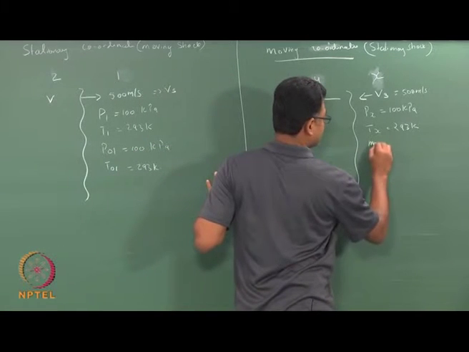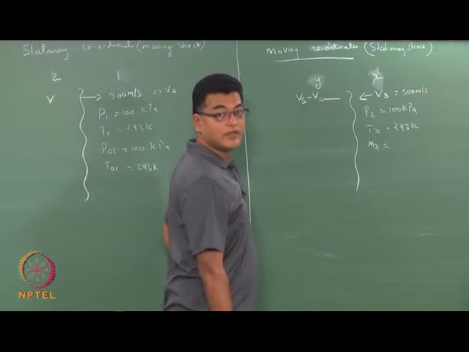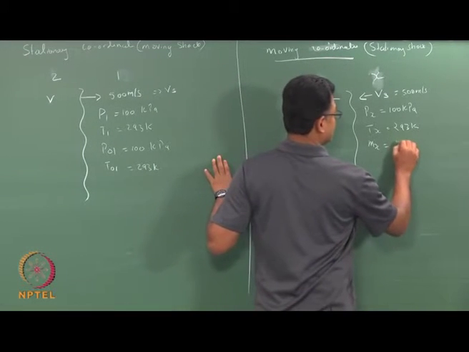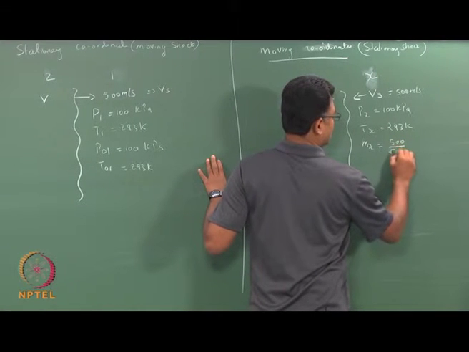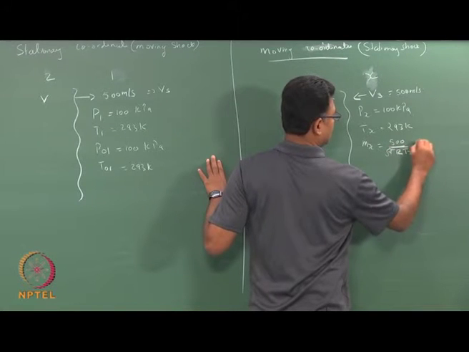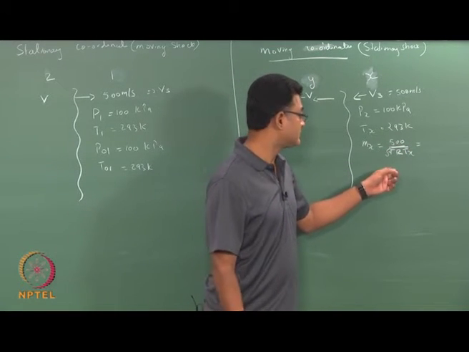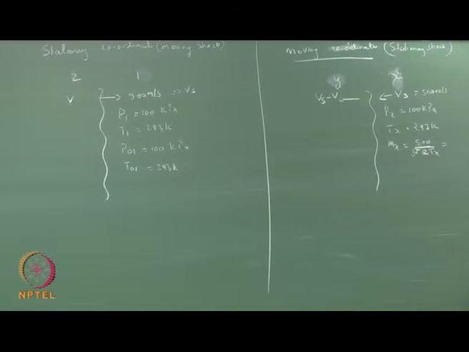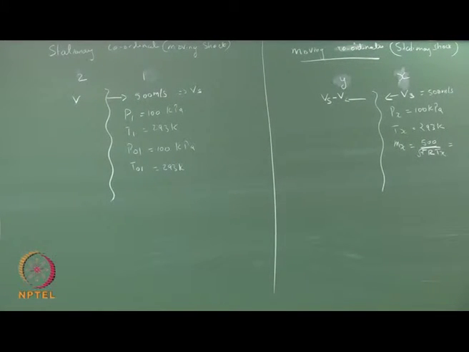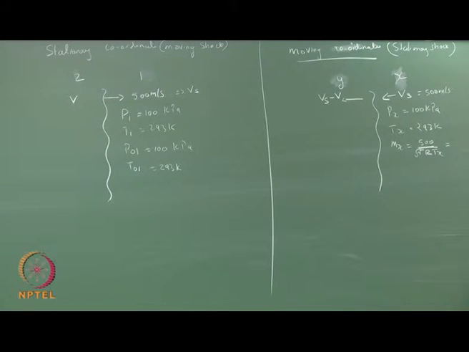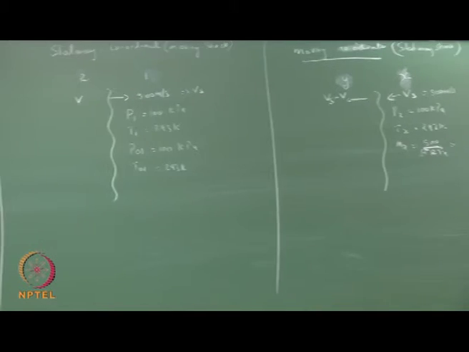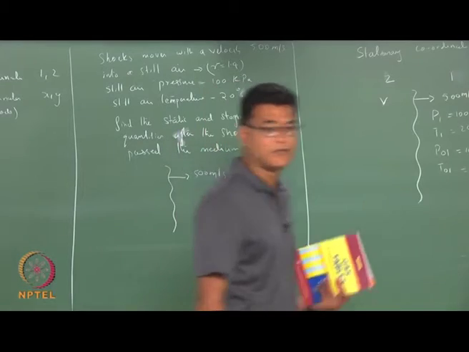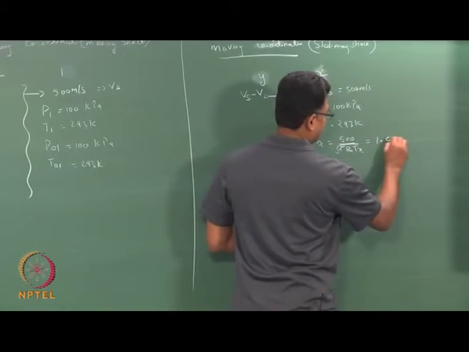So my Mx is Vs by ax, which is 500 by square root of gamma R Tx, which is 1.46.